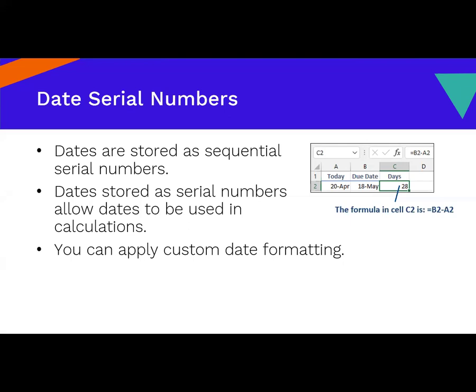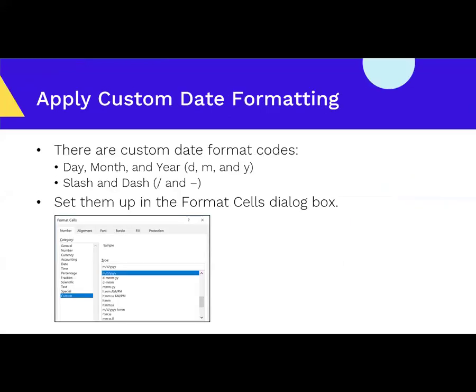Once you apply your custom formatting, there are custom date format codes: day, month, and year, DMY. You can use the slash or the dash. Either one of those will work. And then you can set up in the Format Cells dialog box the way you want the date to be displayed.